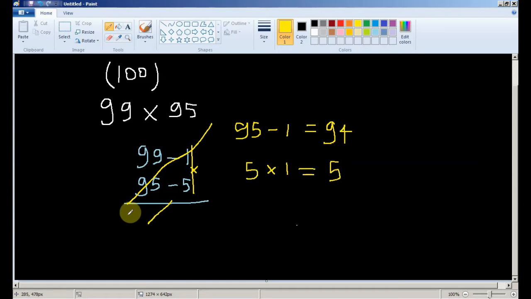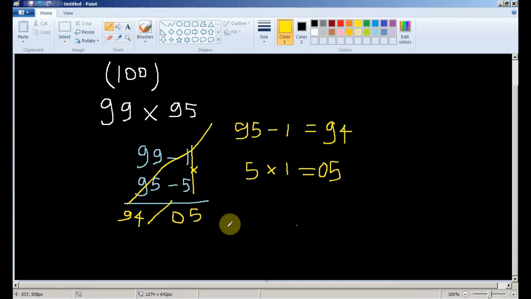This is not a single digit multiplication, this is two digit multiplication, so you have to have 4 places. 1, 2 is available, so you add a 0 here and then you get 4 places. Write down the answer 0, 5, and write this number 9, 4.